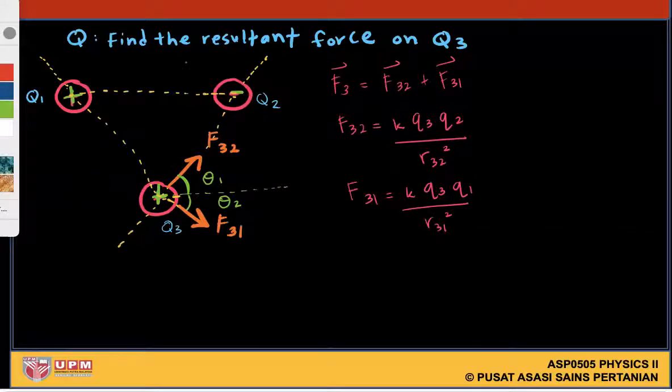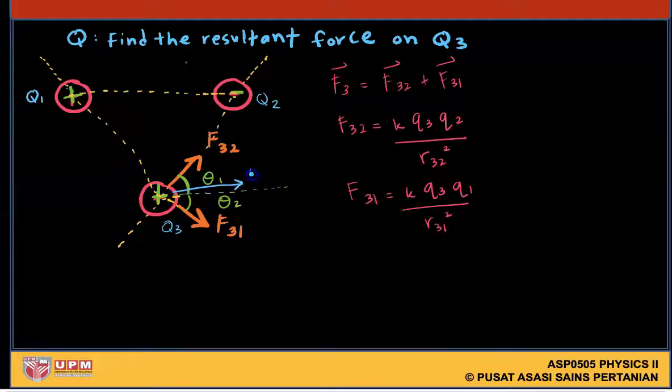Let me use a different color. So F32, my x component should be around here, F32x, and the y component should be around here, F32y. And for F31, my x component should be here, F31x, and my y component should be here, F31y. Okay?